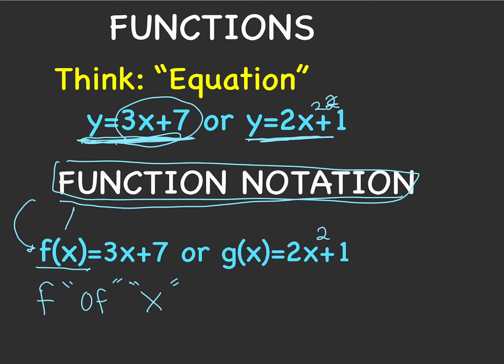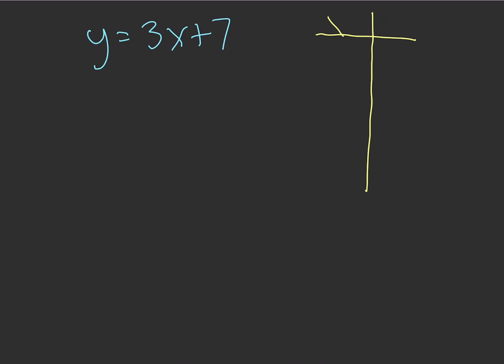And then over here, I took this y equals 2x squared. I wrote y equals 3x plus 7 in the equation form that you're used to. And then I wanted to plot some points. For instance, let's say I did the old t-chart where you say, okay, when x equals this, what does y equal?